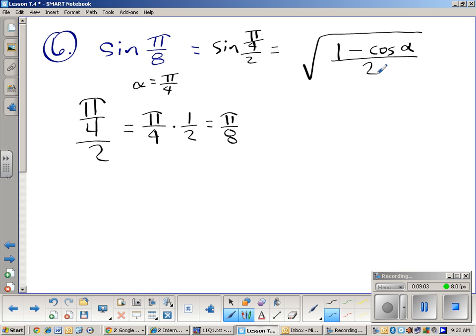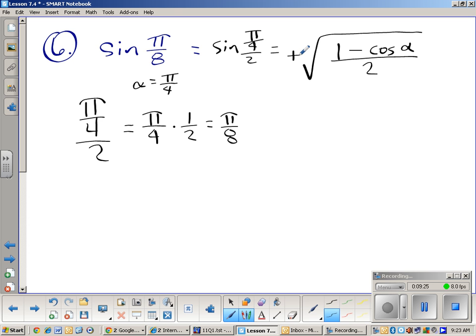Plus or minus? Positive, because it's in the first quadrant. Pi over 8 is in quadrant 1, right? So that's going to be a positive. You don't actually have to show the positive. I'm just doing it to emphasize that we didn't just accidentally leave it positive. We chose to make it positive.